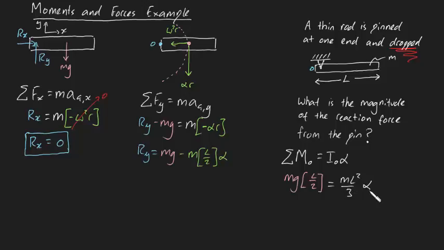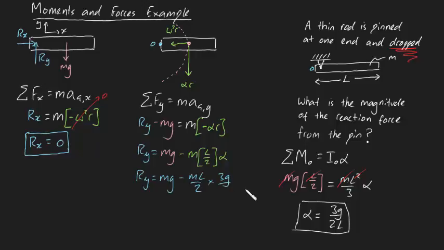Okay, well, we can solve for alpha here. Once we notice a few of these things get canceled off, we know mass goes like that, and we know L goes like that. So that means alpha is in fact, let's see, it'll be 3g divided by 2L. So that is in fact alpha. And we can plug this in here to solve for Ry. We know that Ry is in fact mg minus mL on 2 times alpha, which we just figured out was 3g on 2L.